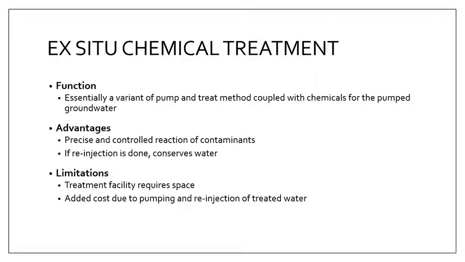Now the limitations of this method is, of course, you need to install a treatment facility which will require space and will have added costs. And of course, it's also expensive to pump out water and re-inject it back again.